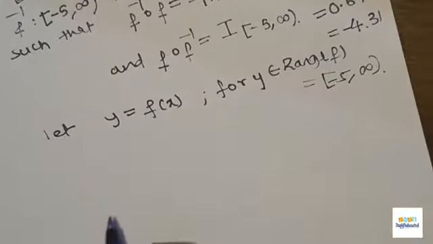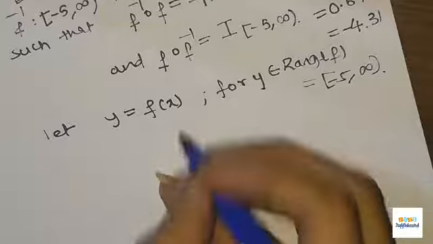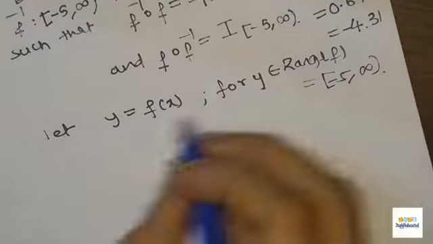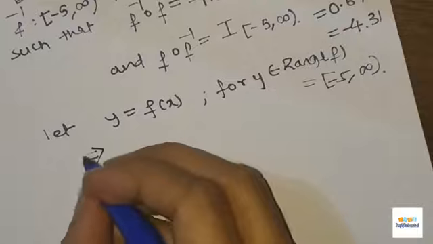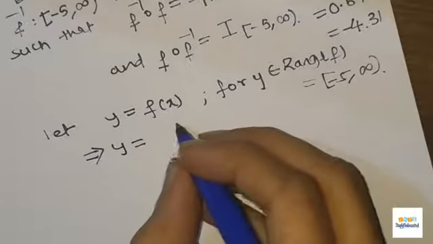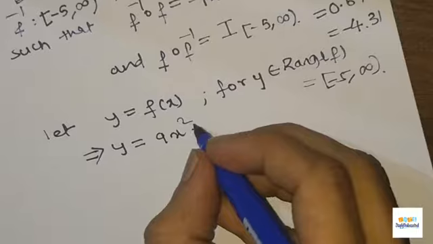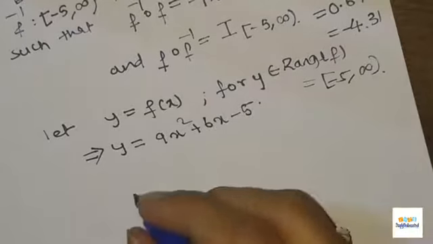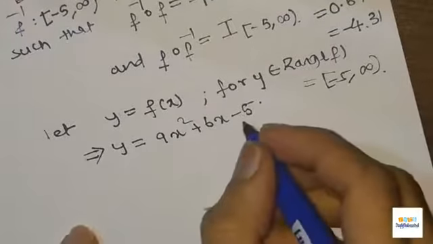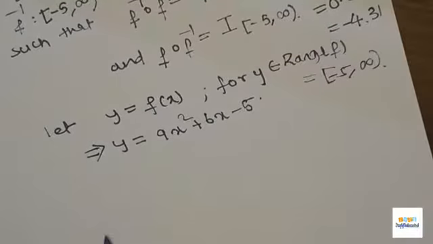So we first take this and then find x in terms of y. So what will you get? y equal to f(x) is nothing but 9x square plus 6x minus 5. This is the function which is given to us, f(x), and that is equal to y.